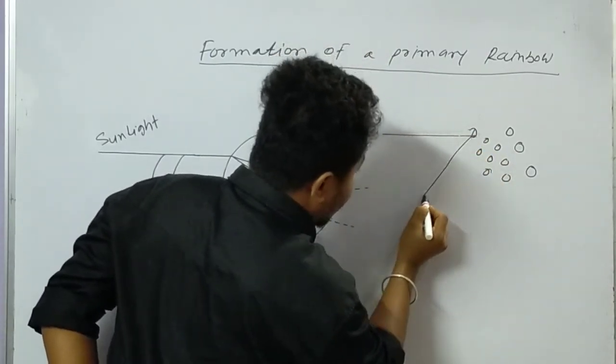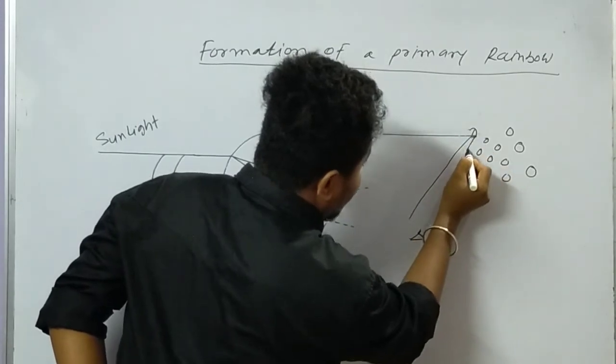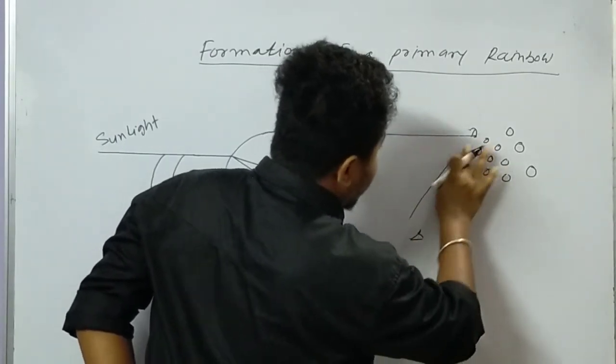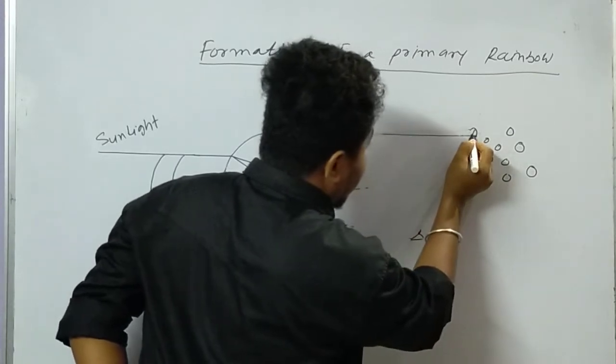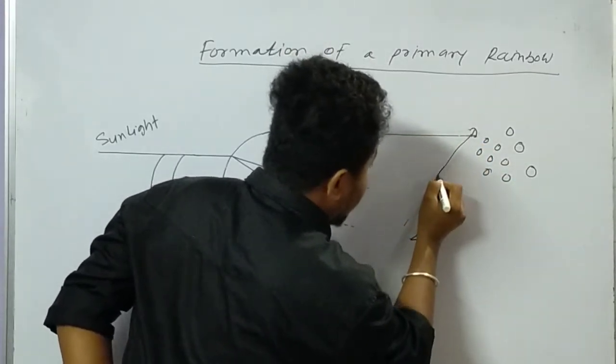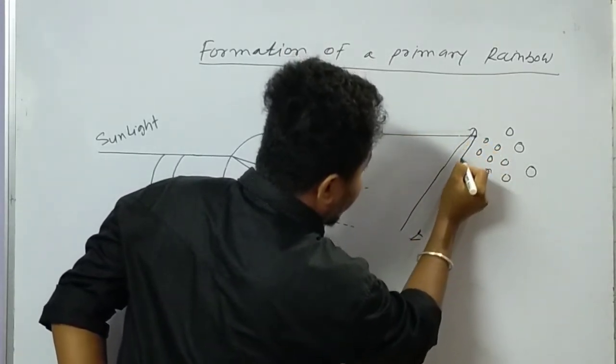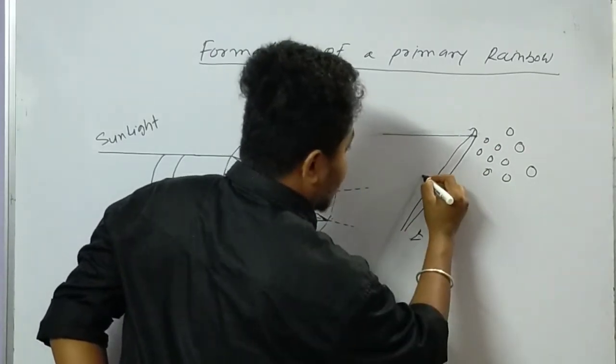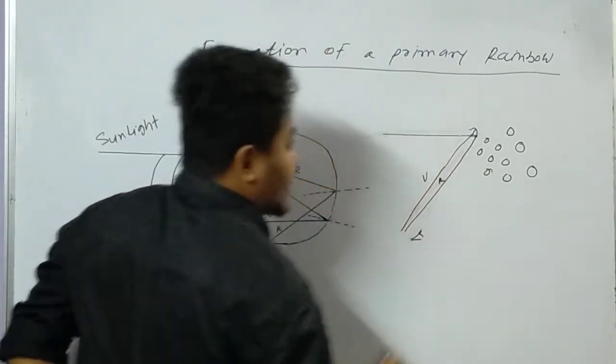This is 1 ray, and this is 1 more ray. Let's make it a little bigger. This ray will be violet, and this ray will be red.